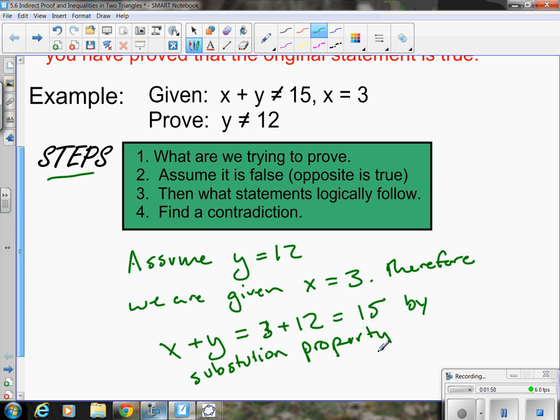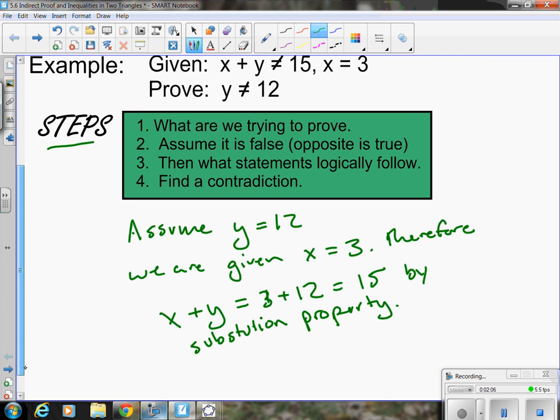So by the substitution property, x plus y equals 15, and there is a contradiction.